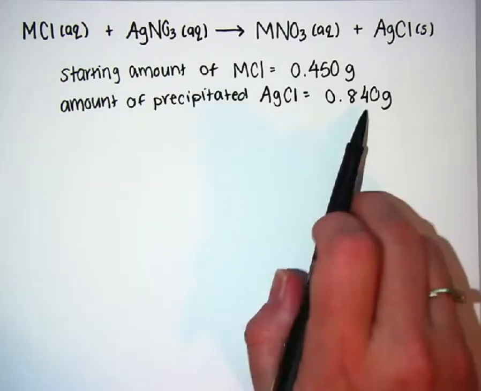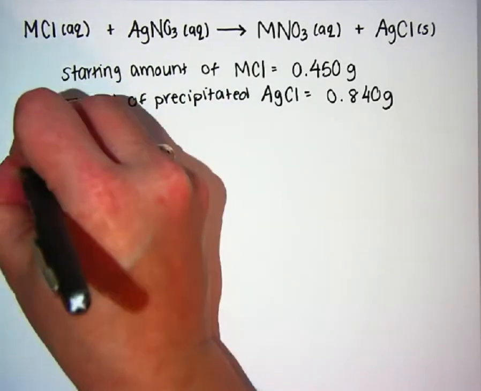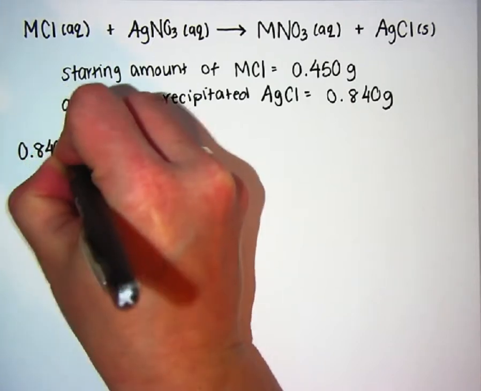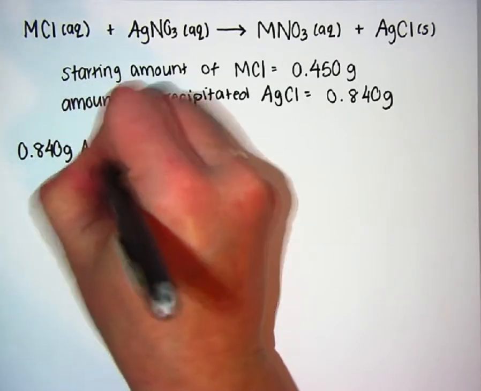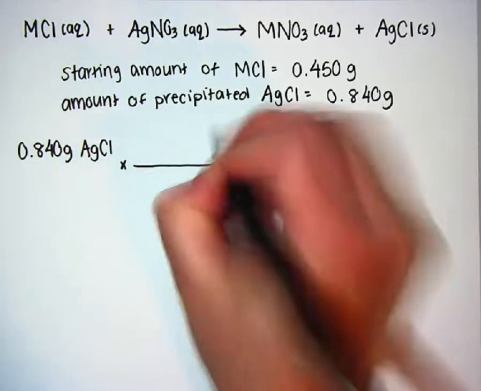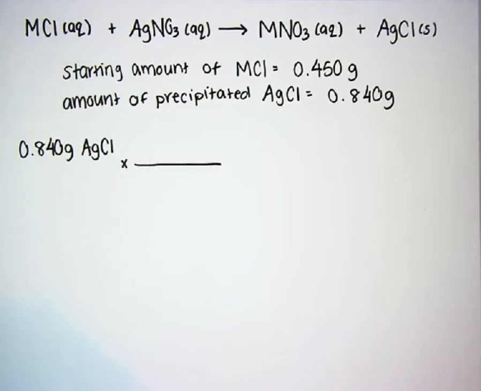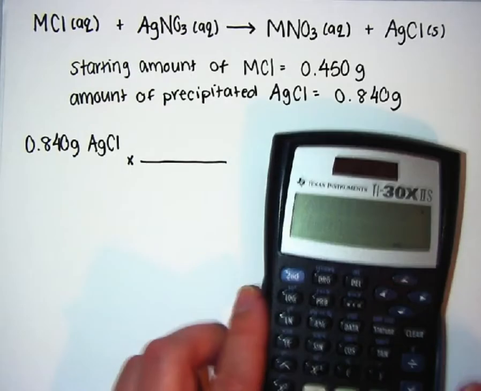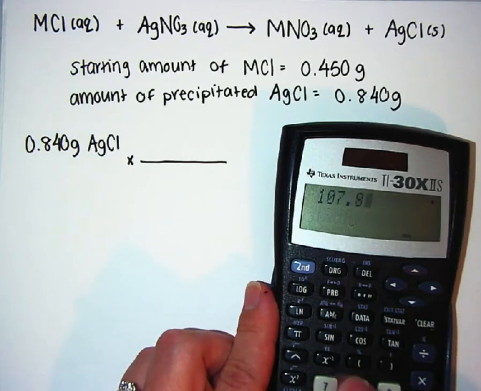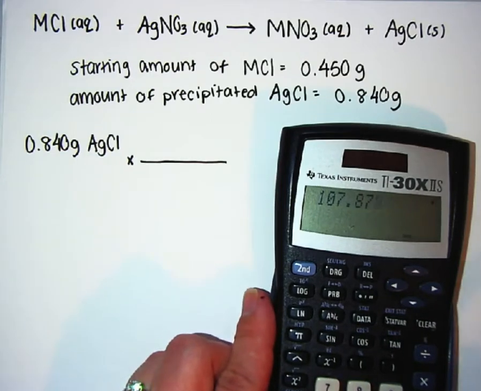So let's start with what we know. We know how much silver chloride we made. If we're starting with grams, the only thing we can do is plug in molar mass to get to moles. So using my periodic table, silver has a molar mass of 107.87 grams per mole.